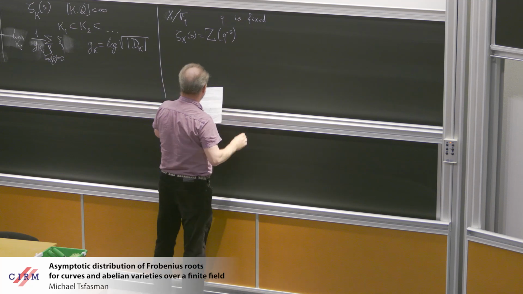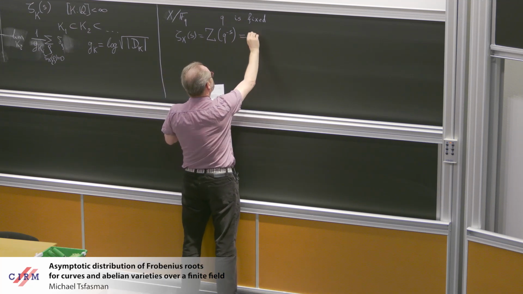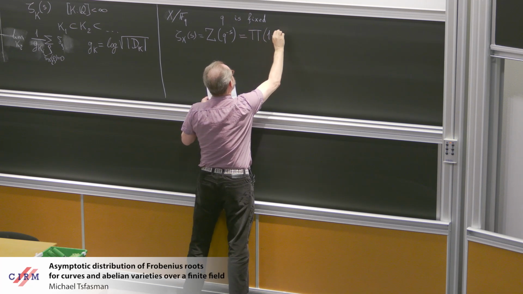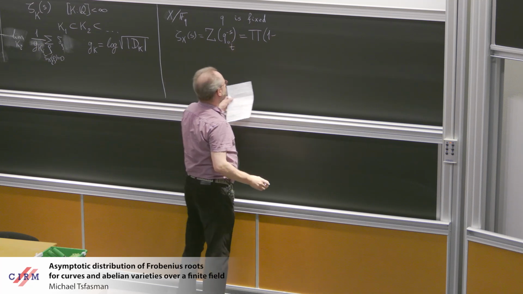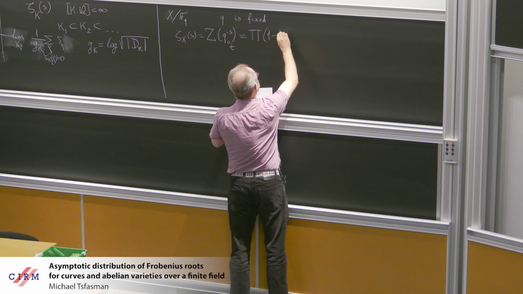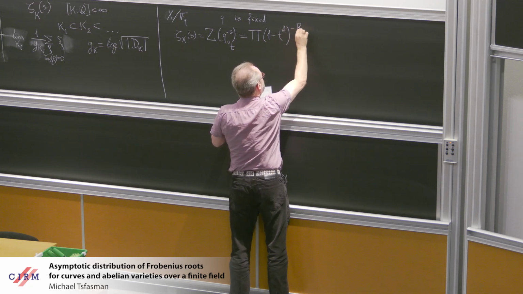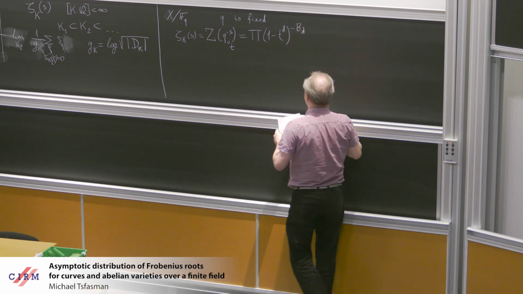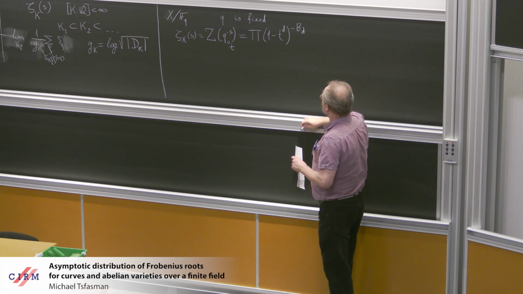And this capital zeta function, we know from its definition, I'll take the product of 1 minus t to the d, to the power minus b_d, where q to the minus s I'll call t, and b_d is the number of places of order d.